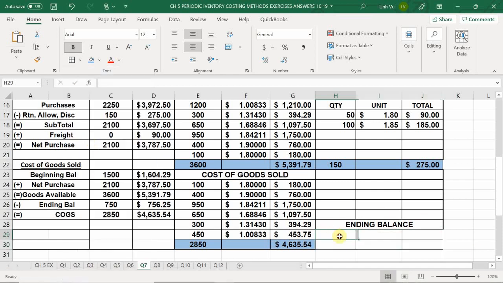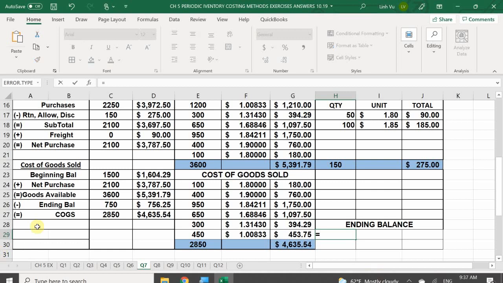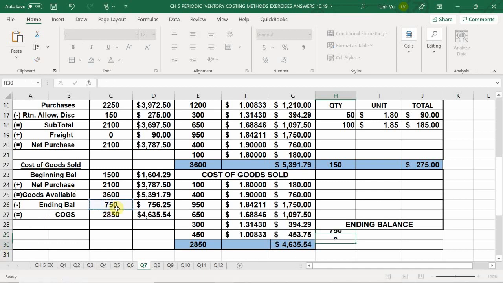If I have my ending inventory, I know I'm going to be ending up with 750 units. And because I'm going to end up with my very first batch of inventory that I carried over from my beginning inventory, therefore I have 1,200 units.